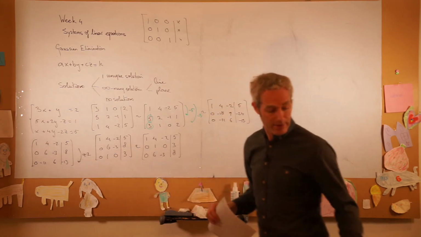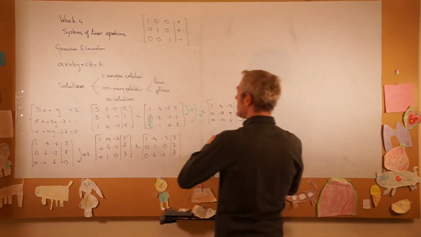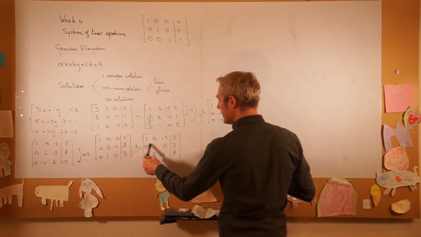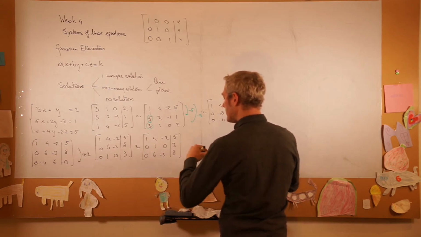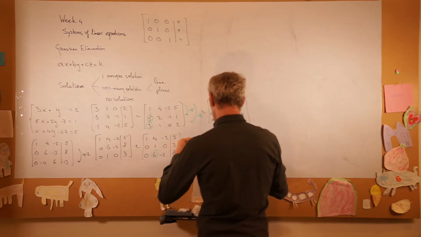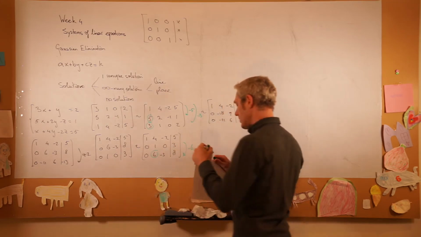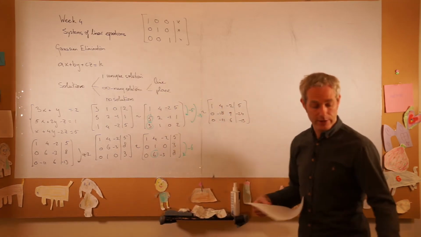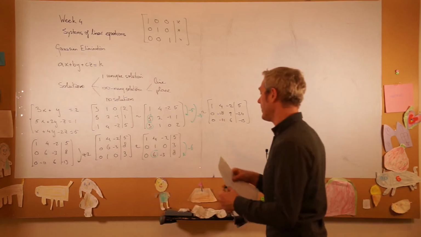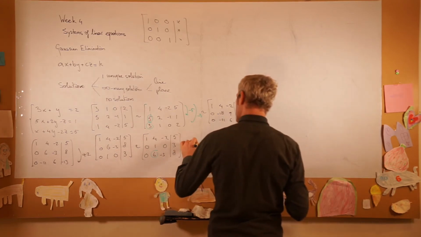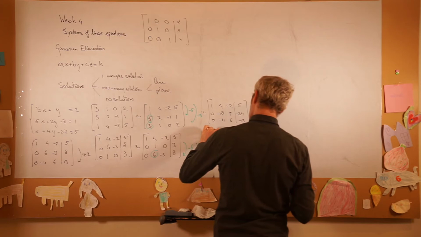Now the next step, again: I have 1 here, a 0, a 0. I have 1 here. The next step is to create a 0 here. So I subtract the second row 6 times from the third, and I will get a 0 there. The first row stays the same: 1, 4, minus 2, 5.